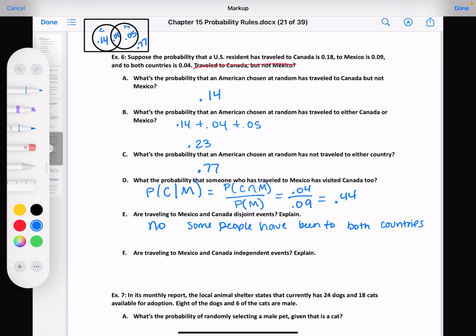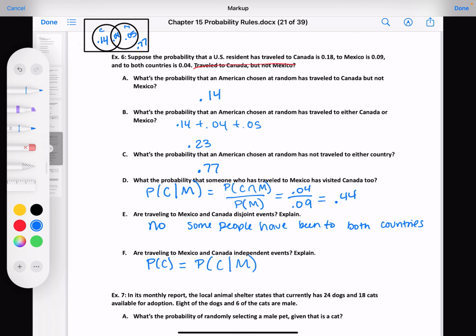Okay, so we finished with the disjoint thing yesterday. So, are traveling to Mexico and Canada independent events? To test that, we're going to see if the probability of Canada is equal to the probability of Canada given Mexico.